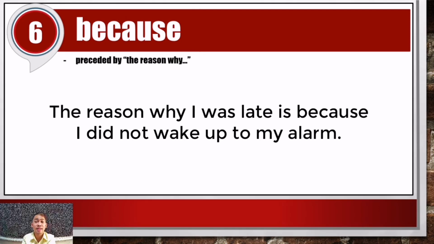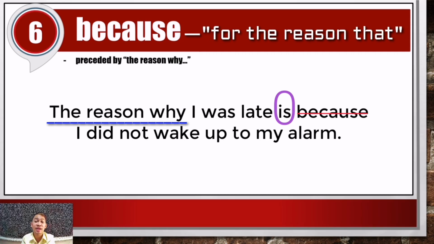If yes, then you are probably making an ungrammatical sentence. Now, this is something that you need to remember. When you use the phrase the reason why, you have to make sure that after the linking verb should not be because. Because when we talk about the conjunction because, it means for the reason that.